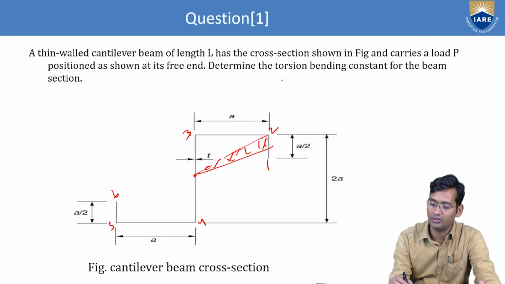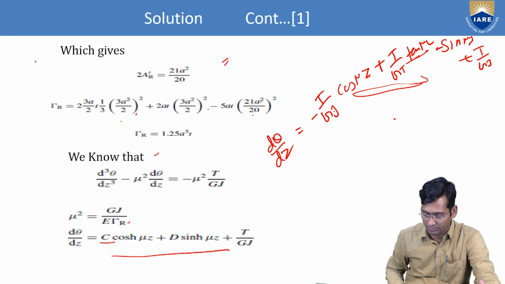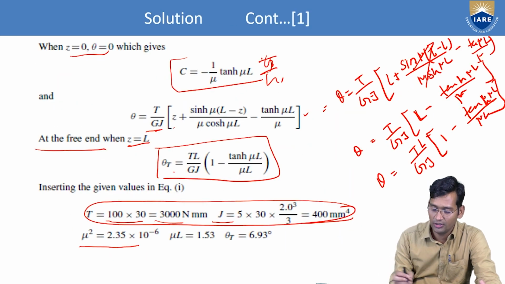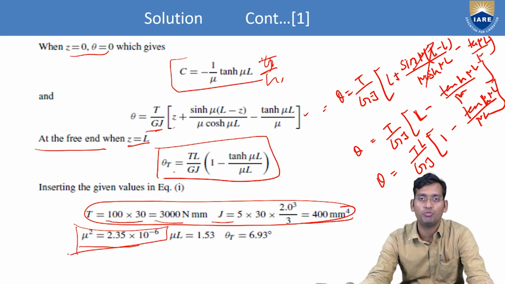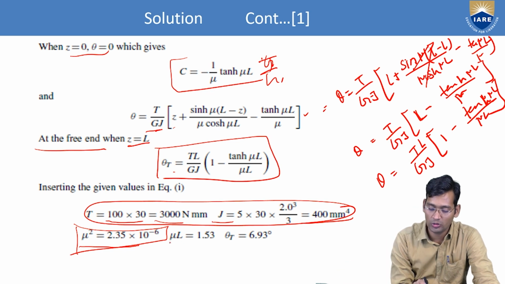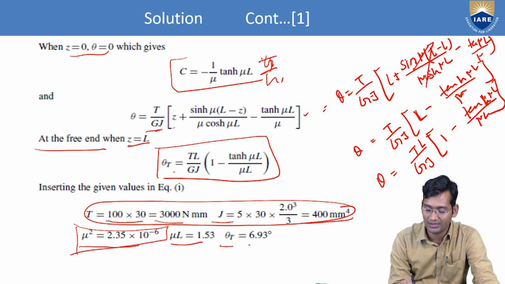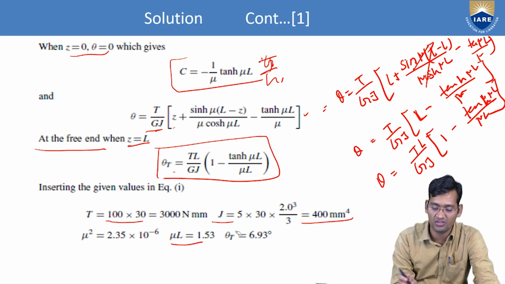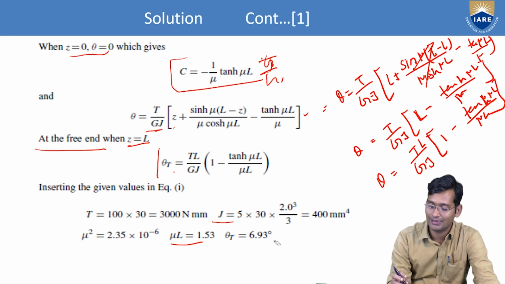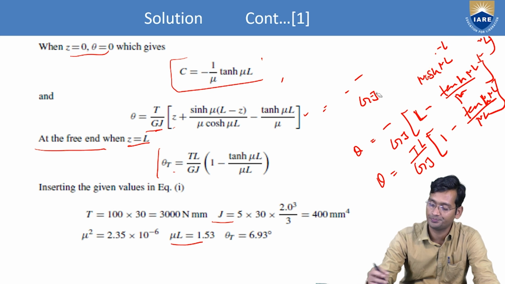Just see: determine the torsion bending constant for the beam. So from here, mu square equals 2.35 into 10 to the power minus 6, mu L as 1.53, and theta T from this you will get as 6.93. So just substitute the value, you will get the answer.